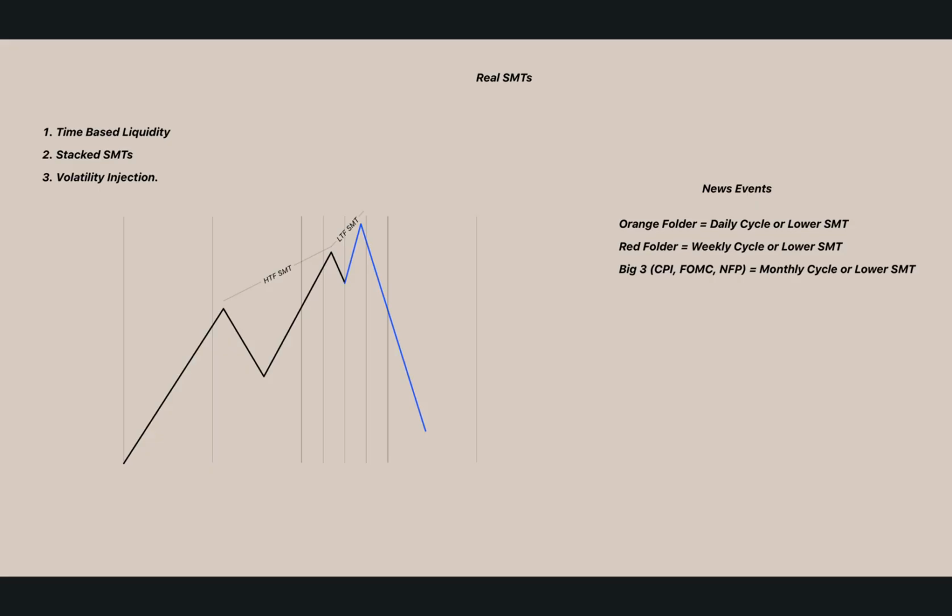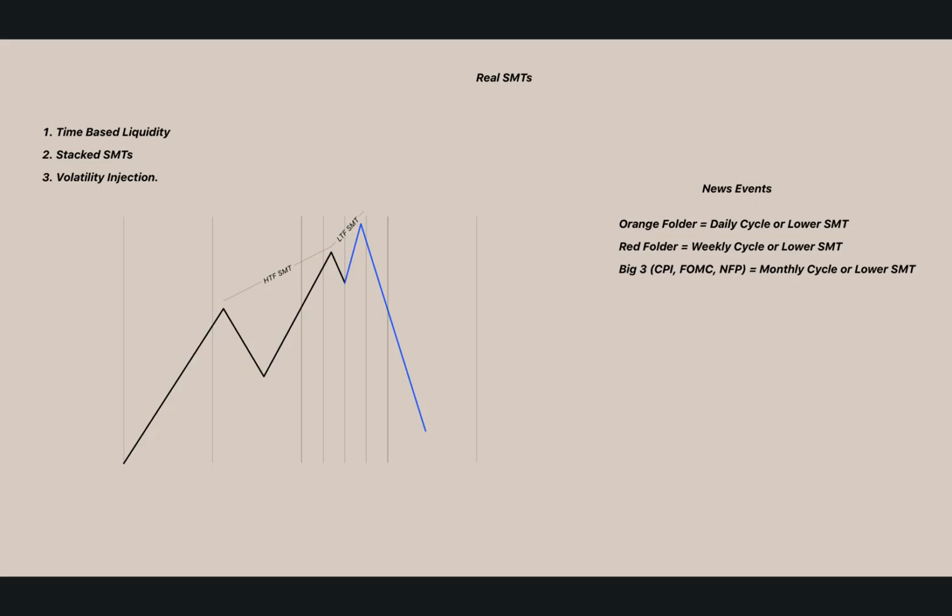And so for news events or volatility injection, typically, what I found in my own backtesting is that orange folders will usually create a daily cycle or lower SMT. The red folders will usually create a weekly cycle or lower SMT. And then you'll have the big three, such as CPI, FOMC, and NFP, which are extremely volatile news events.